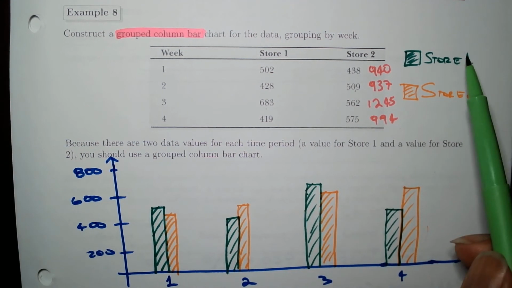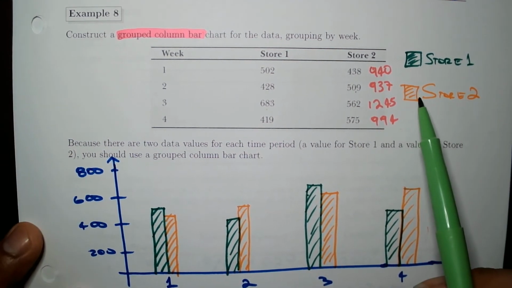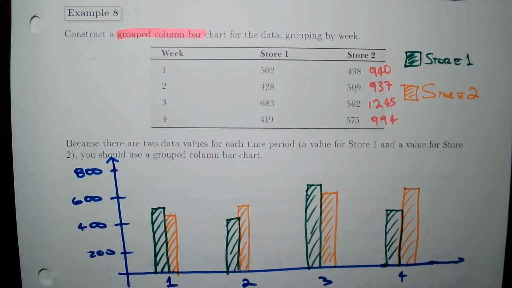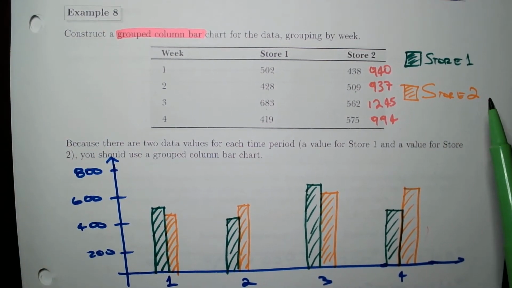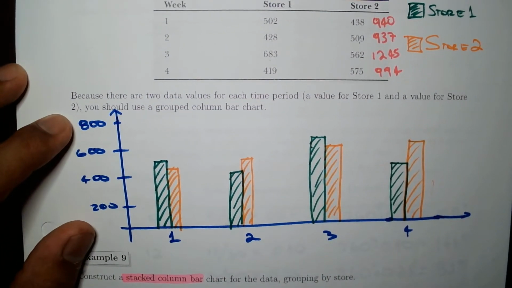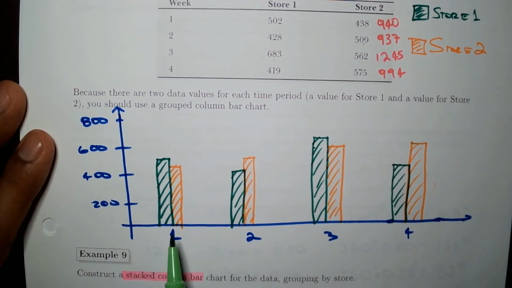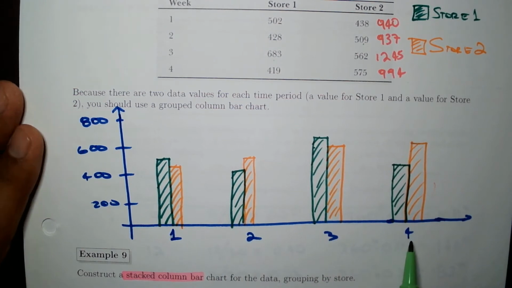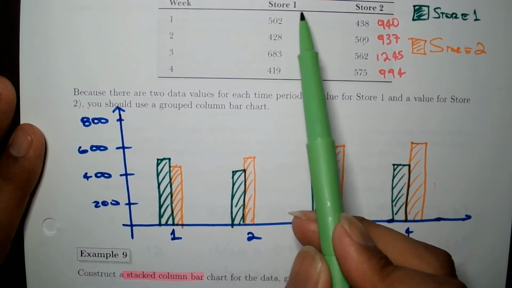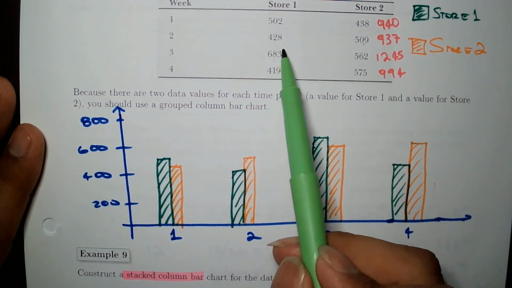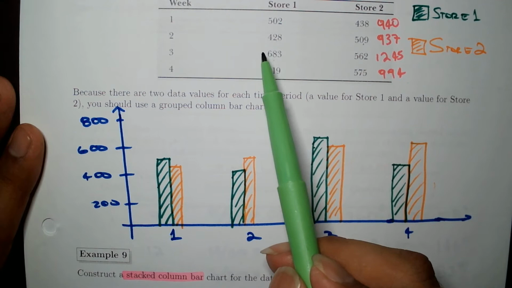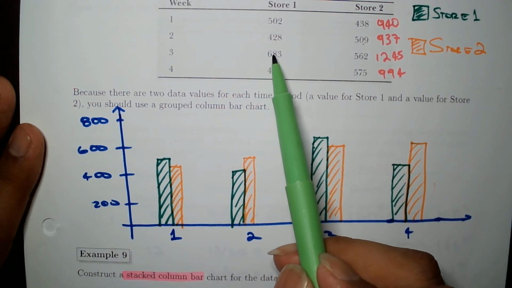In this case, store 1 is the green bar, store 2 is the orange bar. And what we do is the same: label the x-axis as the category name, week 1, week 2, week 3, and week 4. And then for the amounts, again, look for the highest of them. It looks like a little bit higher than 600, almost 700.